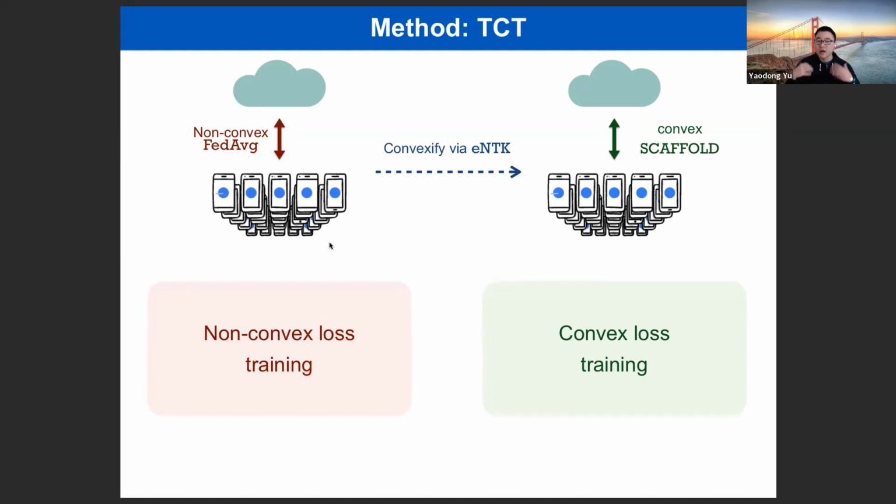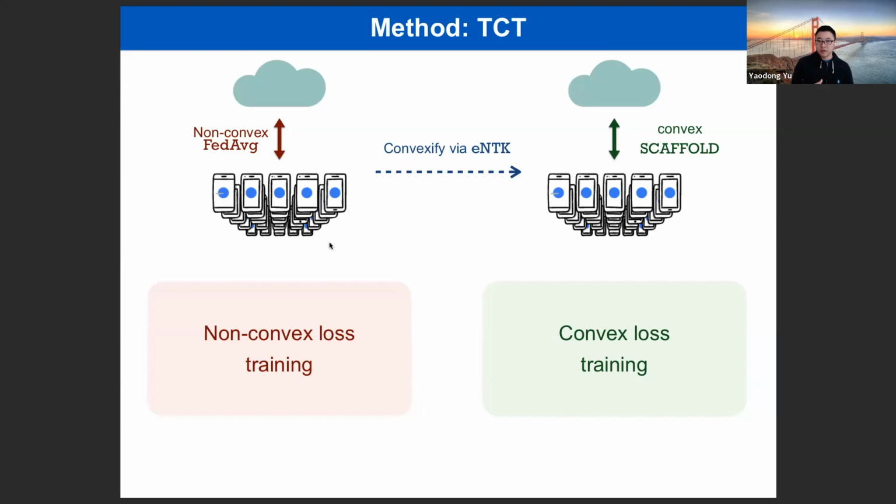So what if we can convexify the model we learned by federated averaging through some procedure? In the second stage, instead of minimizing a non-convex loss, we minimize a convex loss, say through this gradient correction-based approach.